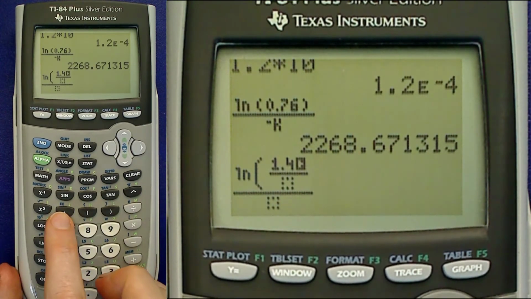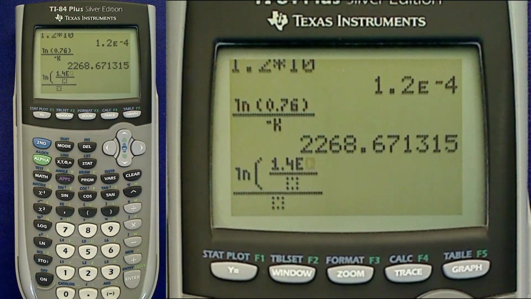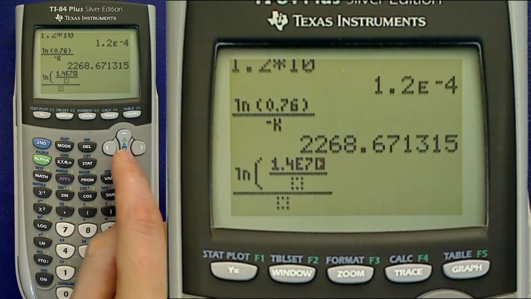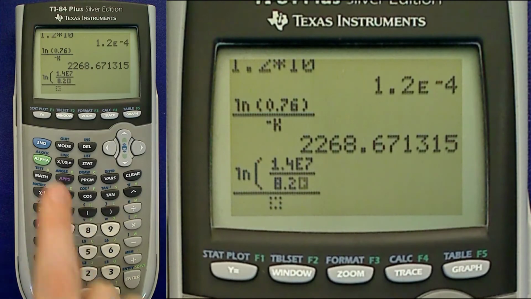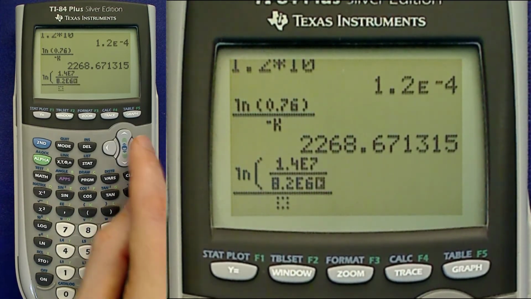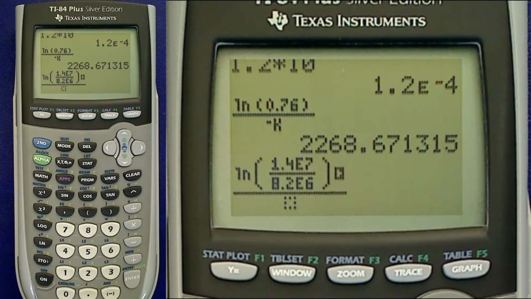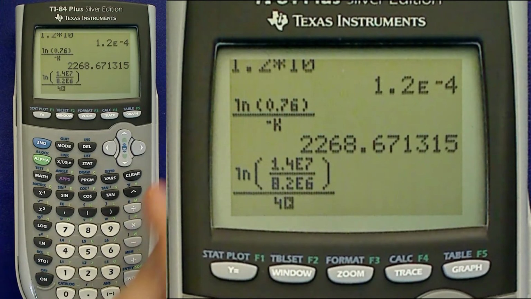This is the engineering E that's right here, not the natural exponential E. So I do second and this to type the small capital E to get a 10 to the power 7 right there. Then I need 8.2 and an E and a 6 to get 10 to the power 6th. So that's ln of 1.4 times 10 to the 7th divided by 8.2 times 10 to the 6th. And the division is inside the ln. And then we divide by 4.